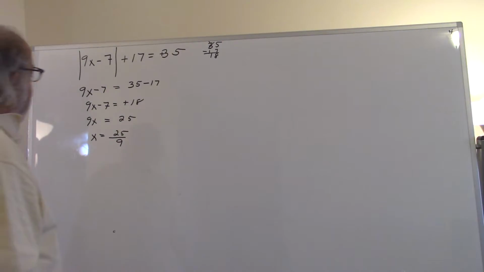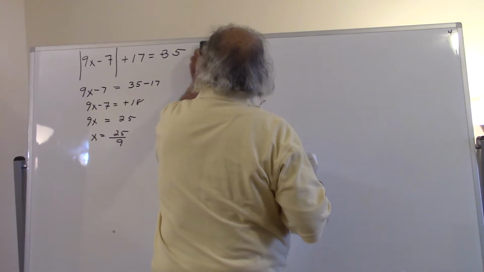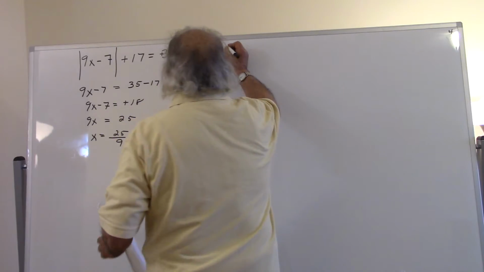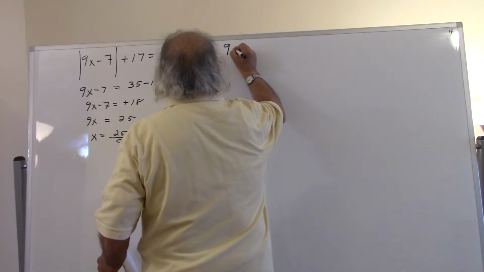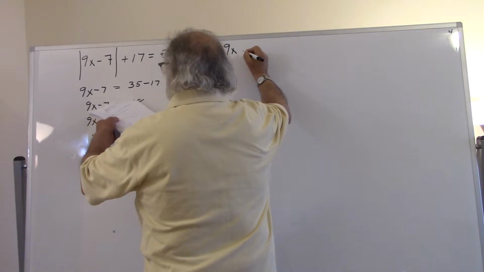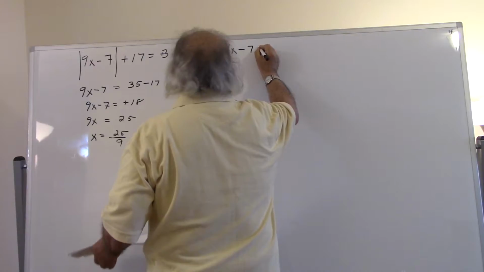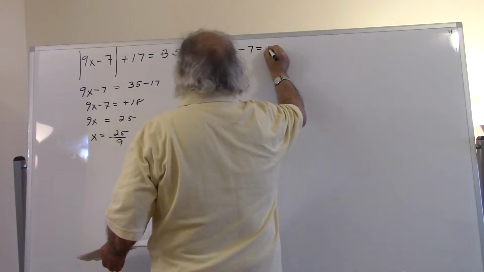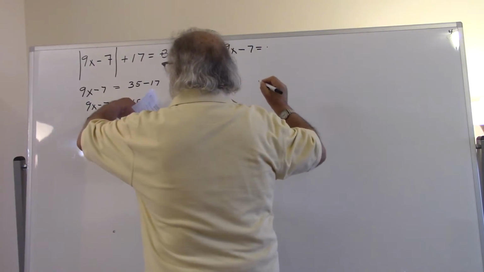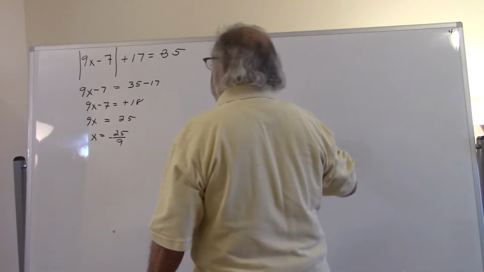Now, the next step is 9x, well, you just have to recopy everything, minus 7 equals, now instead of a plus 18, make that a negative 18.